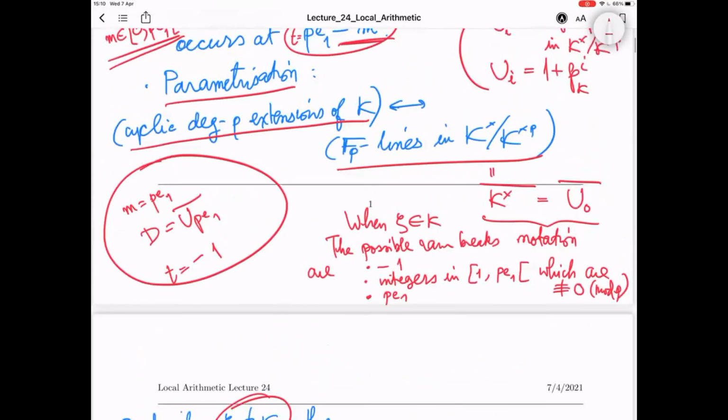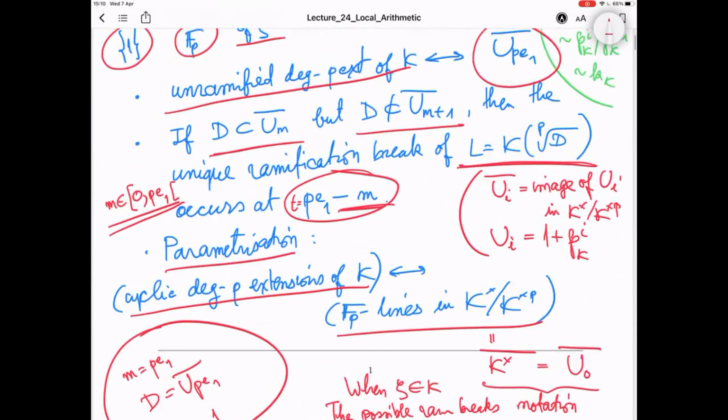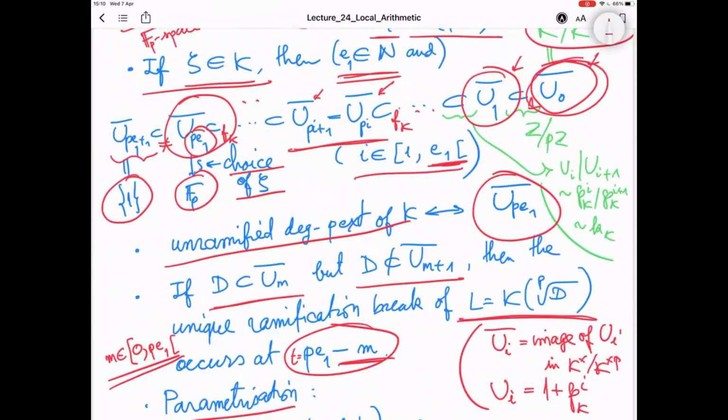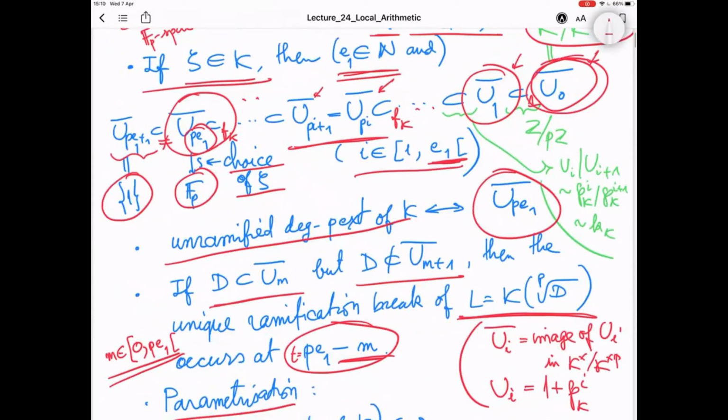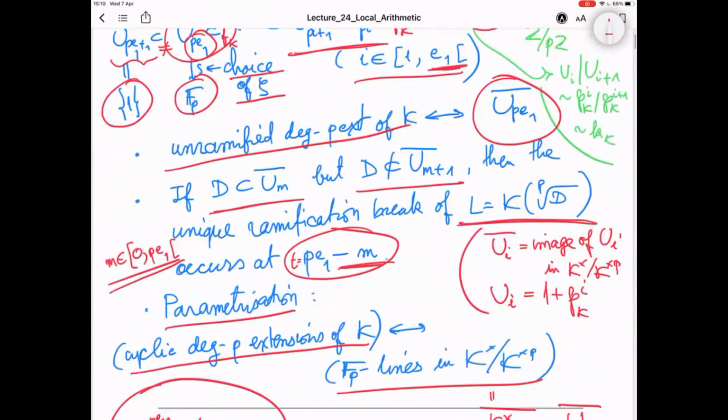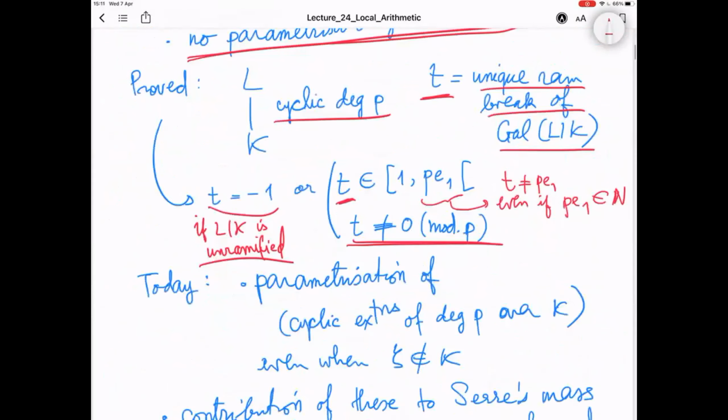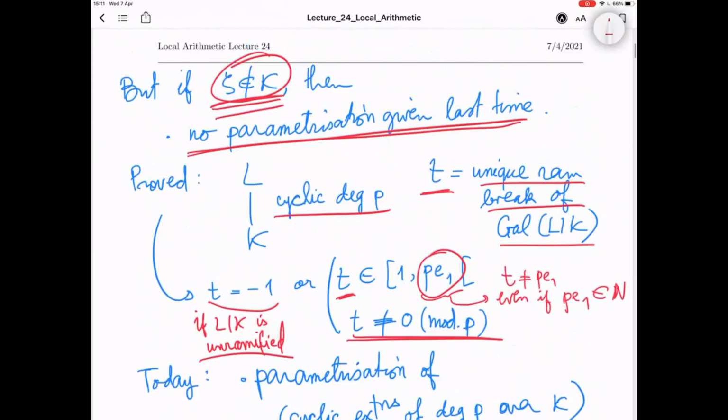This was the case when the line is in U0 bar, but not in U1 bar. But this PE1, even if it's an integer, is not a ramification break when zeta is not in K.